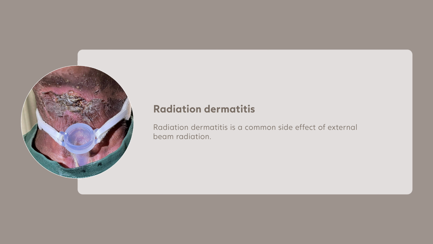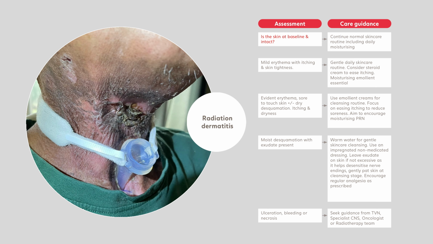If the skin is at baseline or intact, continue normal skincare and include daily moisturization. If there is mild redness, itching, and skin tightness, daily skincare will need to be more gentle. Consider a steroid cream to ease itching. A moisturizing emollient cream is essential.